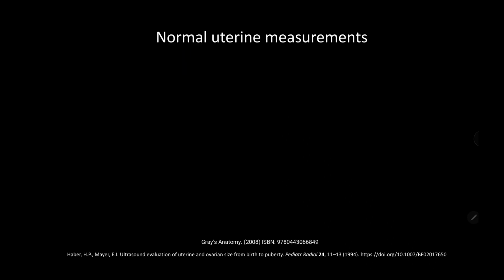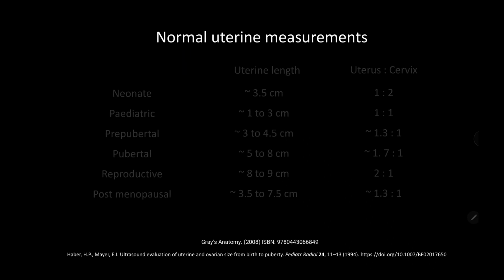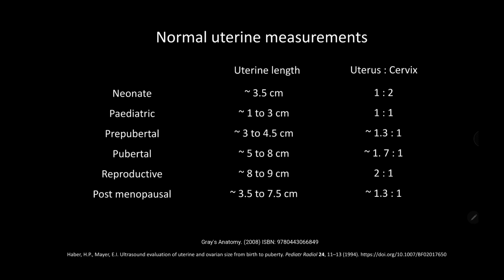So since we are talking about the normal uterus, we have to know about the normal uterine measurements. As depicted in this table, the length of the uterus is slightly larger in the neonate when compared to the pediatric population, basically due to the effect of the maternal hormones on the uterus of the neonate. However, from the pediatric age group to the reproductive age group, there is a gradual increase in the length of the uterus.